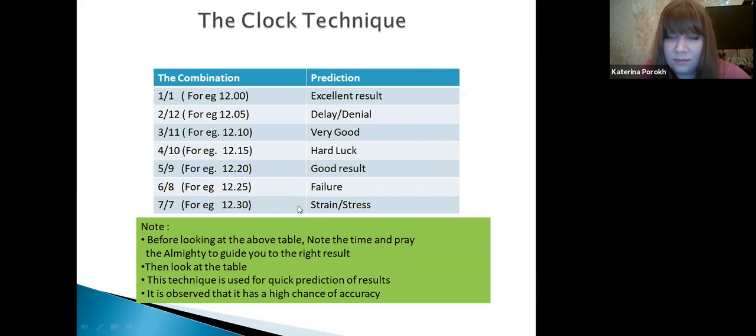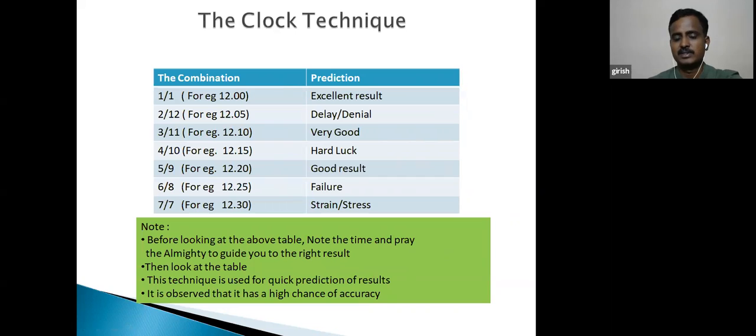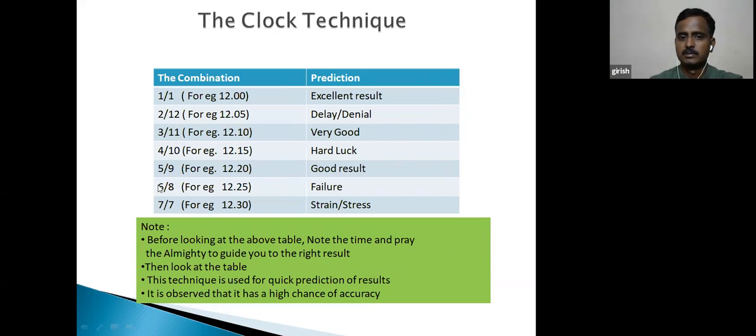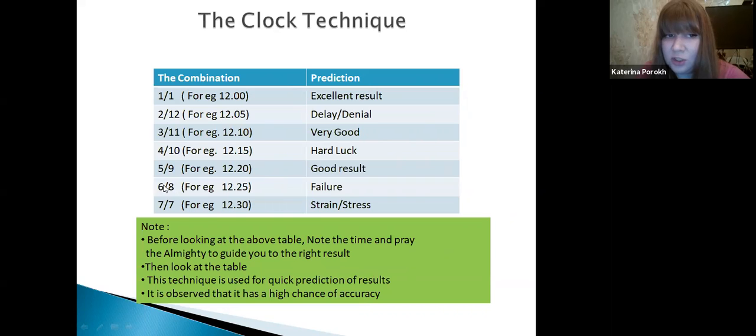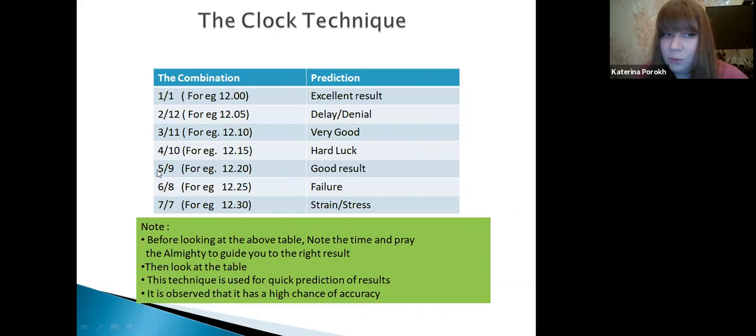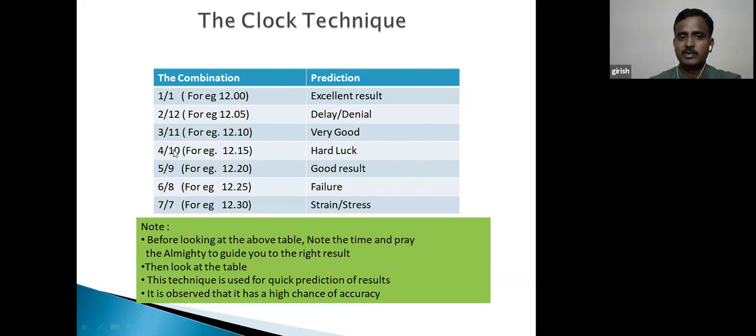Okay, so similarly now if you go back to 12:35, it becomes an 8 and 6 combination. And if it is 12:40, then it becomes a 9 and a 5 combination. Then 12:45 will become 10 and a 4 combination.